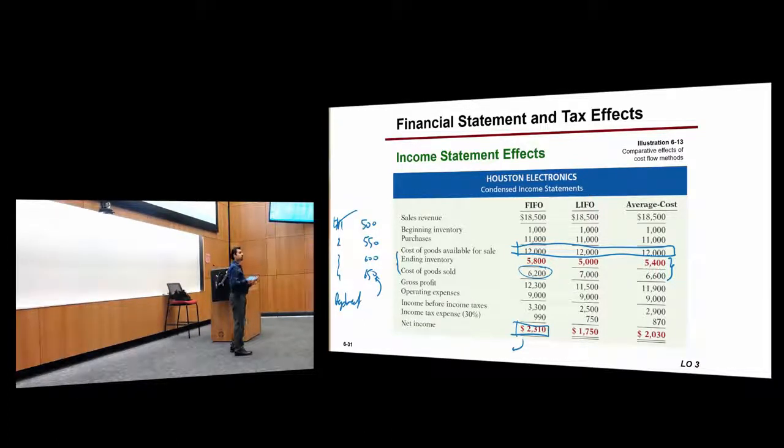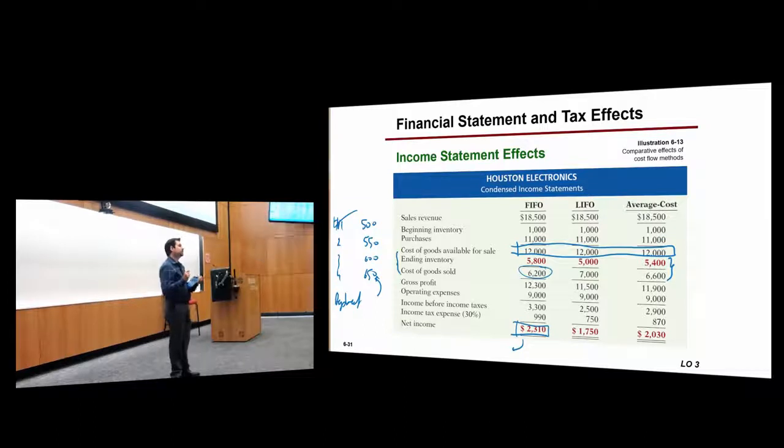Okay? So some people argue that LIFO actually provides a better or more accurate income. There isn't some kind of agreement on this one. It's not always the case.